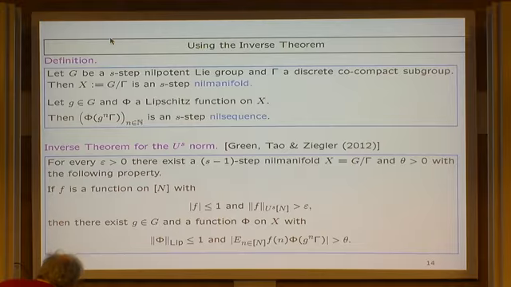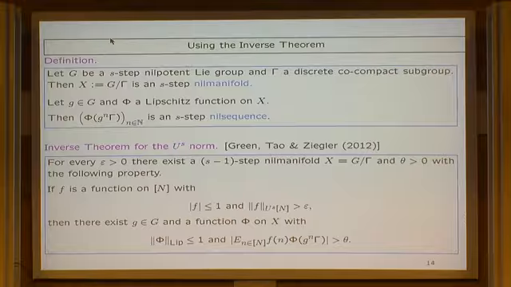And gamma is the subgroup of matrices with integer entries, and this one is a Heisenberg group, and you have this expression, and then X is a compact manifold.